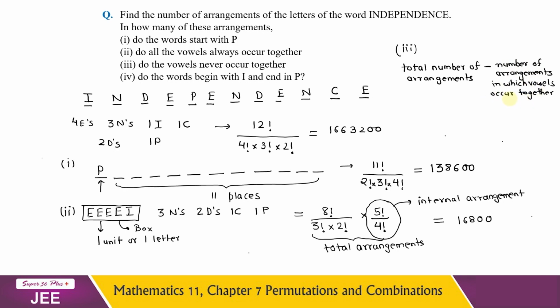So first I calculate the total number of arrangements of the letters of the word independence, and subtract the arrangements in which vowels occur together. So you are going to get the total number of arrangements in which vowels never occur together.